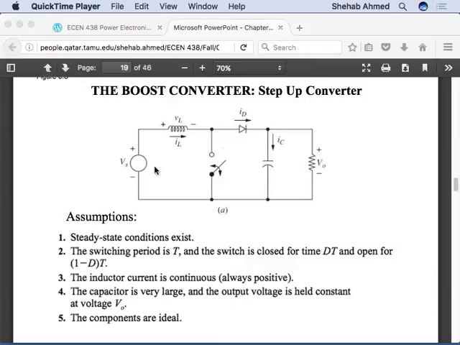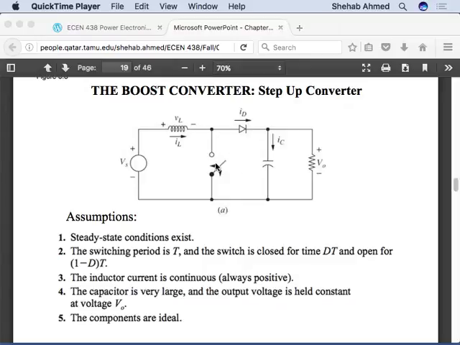If I have some input voltage, what is the output voltage for a specific duty cycle? That's my voltage transfer ratio. Then I will come up with equations to calculate the value of L and C. In the meantime, I will also have to look at the voltage rating of my devices.